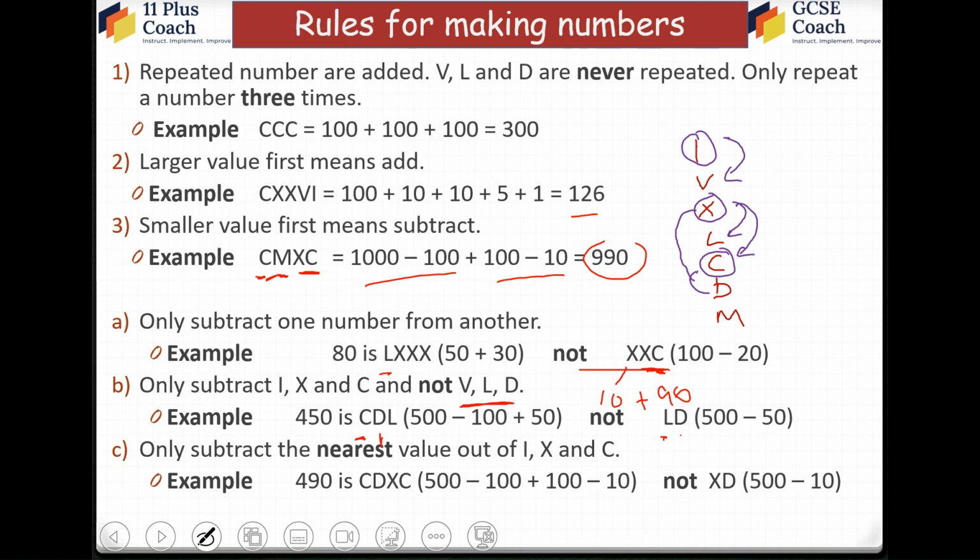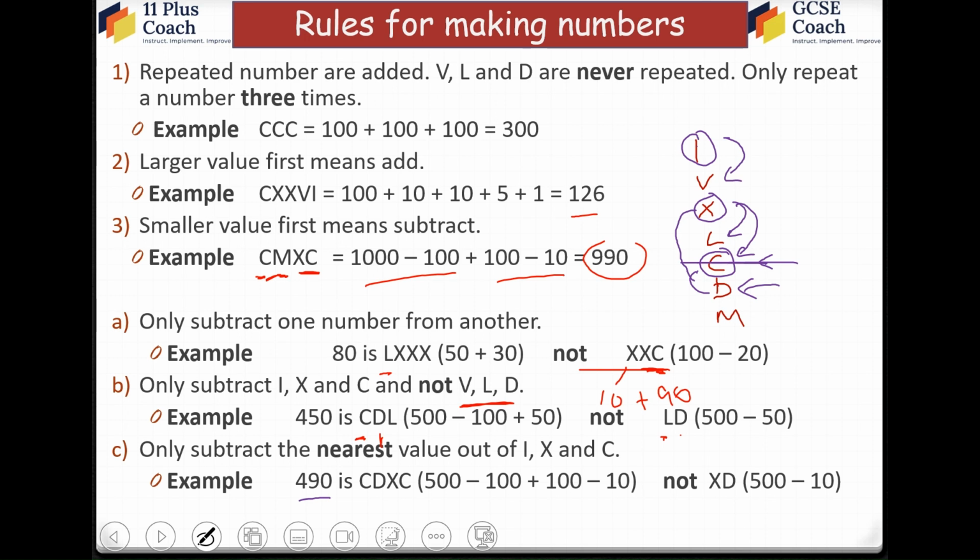So for example, here is 490, made up of 400, which is 500 minus 100. 500 is over here, which is D. Take away C. C is the closest one that can be taken away. So 500 minus 100 will be 400. And then you take away 10 from C. So X from C would give you 90.